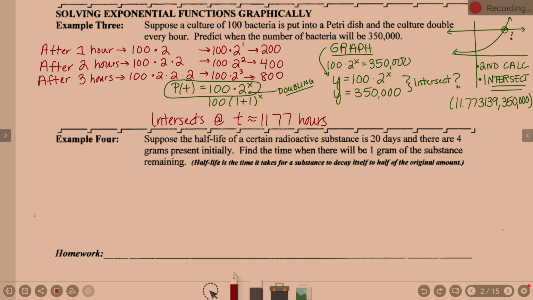Because if you think about it, does that have to be exactly 11 hours or exactly 12 hours? No, this is bacteria doubling, right? That can happen in seconds. And so that 11.77 hours is a more specific answer. Okay?